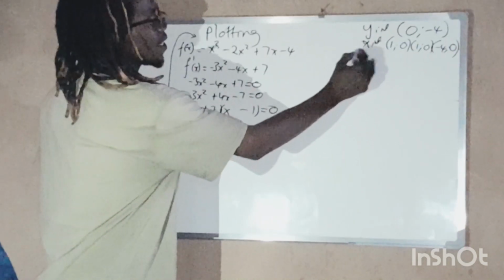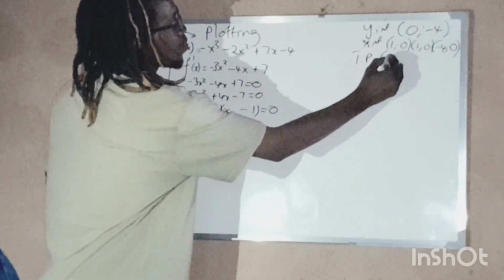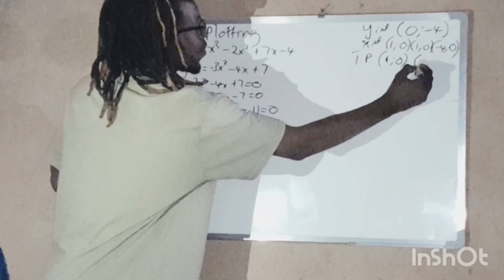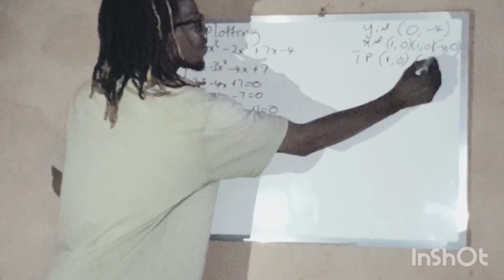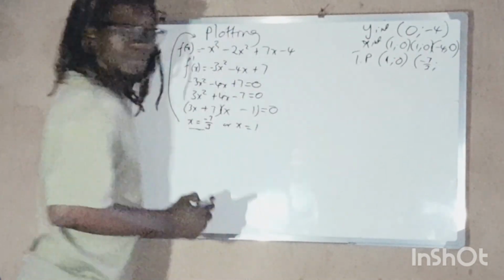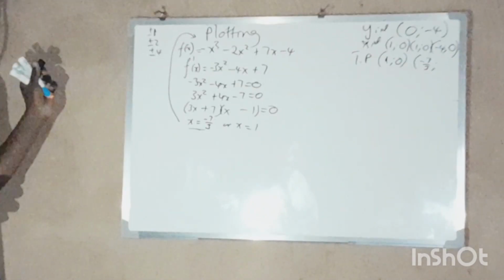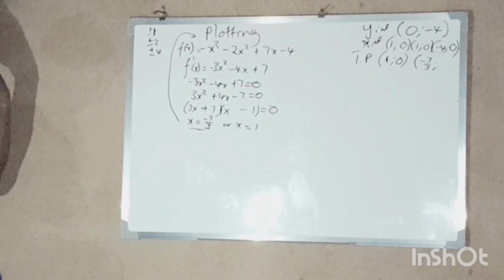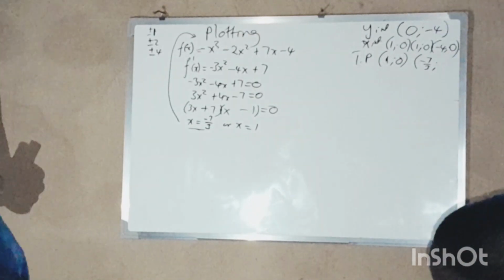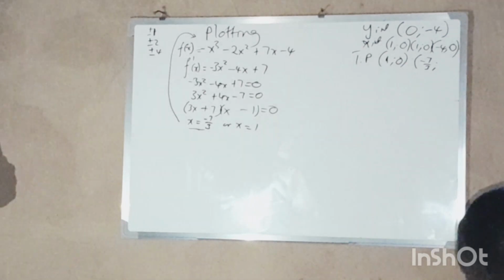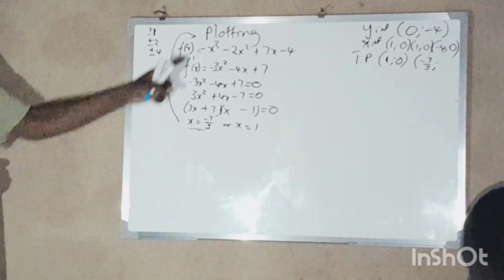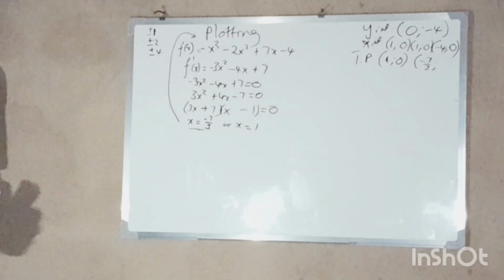So our turning points here become (1, 0) and (-7/3, what?) What is our y value? We substitute this into the original equation.